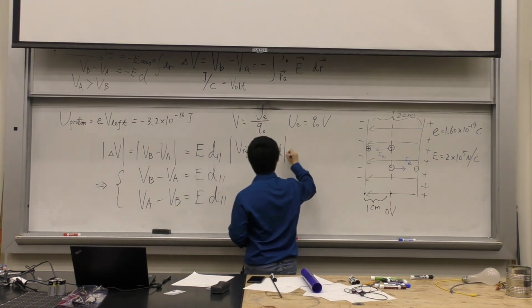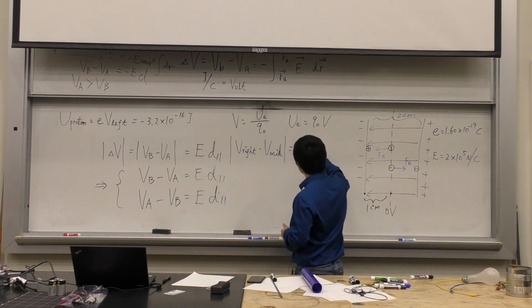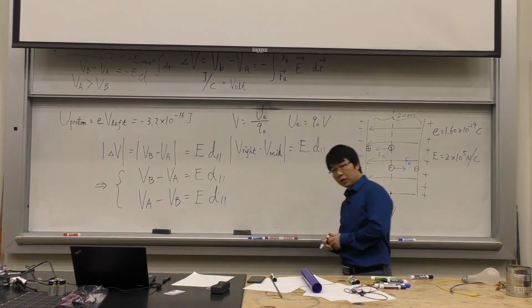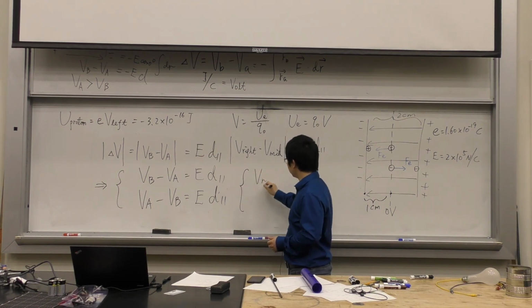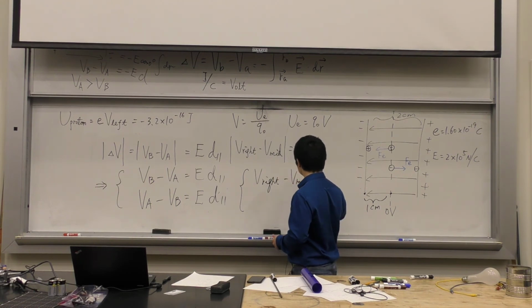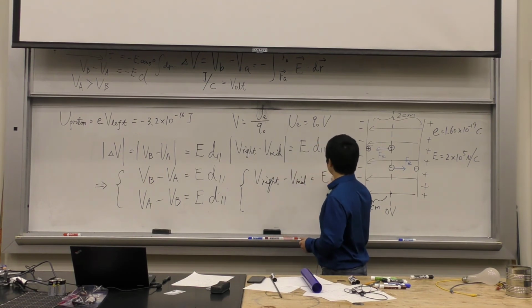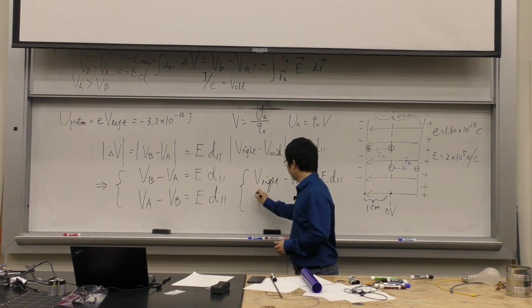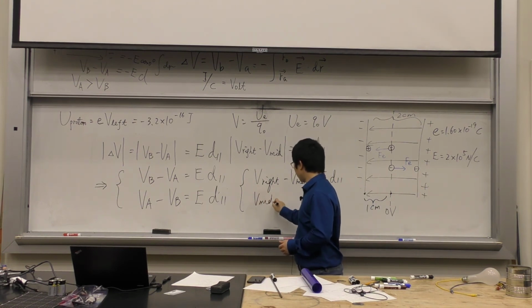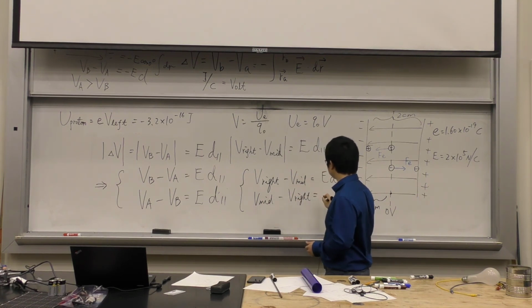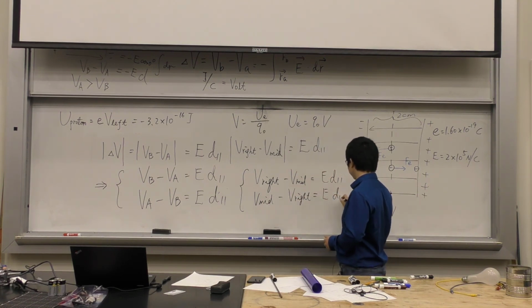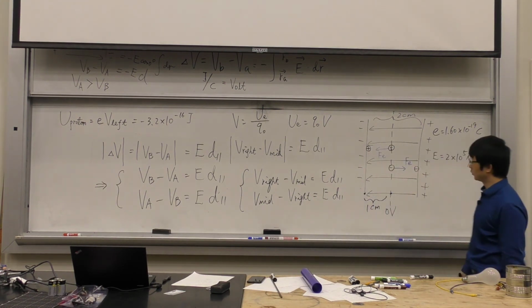I can calculate this by using E times d parallel, and then I use the direction of the signs to figure out which one is right. And then I can go ahead and find the actual value of this potential at the right plate, right?